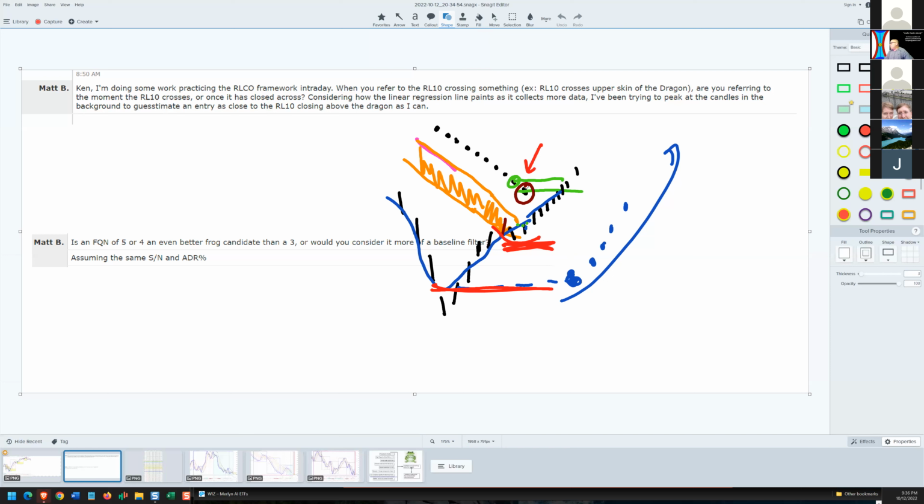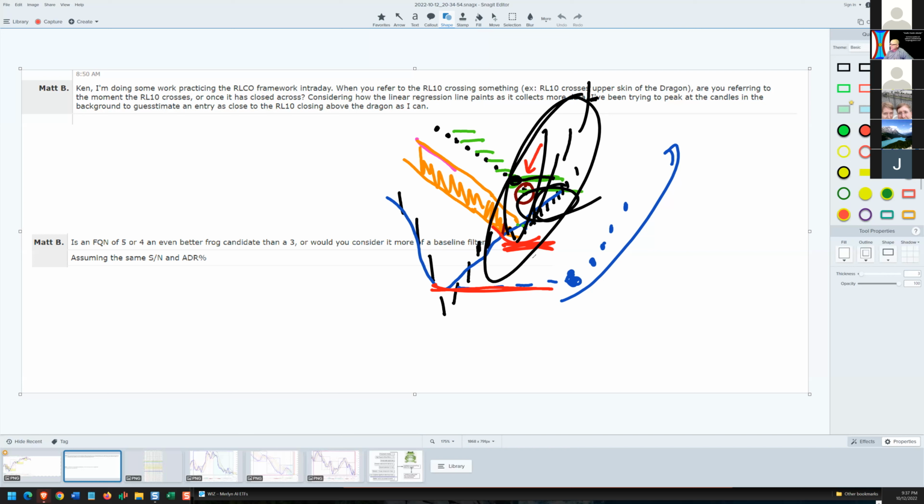So while this PSAR dot is waiting to print and the RL10 is waiting to print, we have something like descending limit orders, each time it updates, until price blasts through that, and then we get the entry at that level. What that prevents is you getting 2 or 3 really big bars that close up here, and then the RL10 finally crosses, and then you enter after the enormous move.